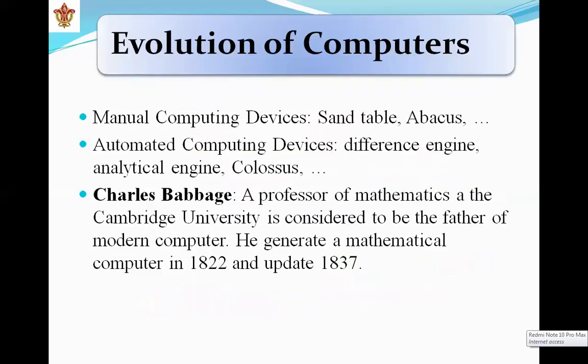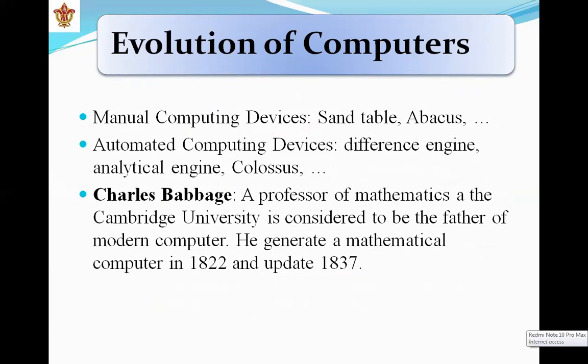Next is the evolution of computer: manual computing devices, sand table, abacus; automated computing devices, difference engine, analytical engine. Charles Babbage, a professor of mathematics at Cambridge University, is considered to be the father of the modern computer.